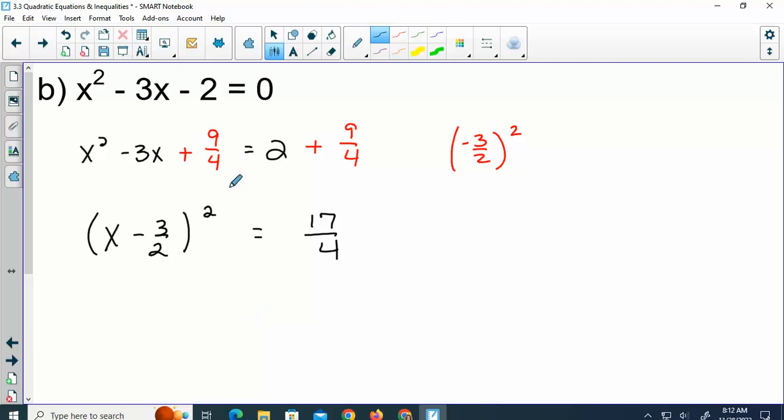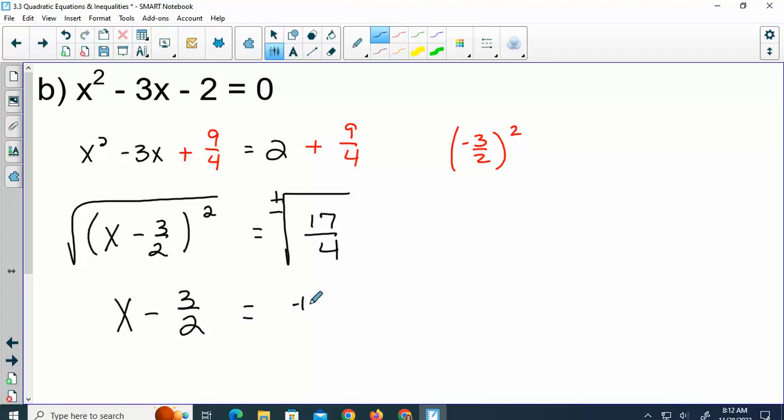So then what do we do? Square root. That we always do a plus and a minus. So x minus 3 over 2 equals plus or minus. We can do the square root of the top and bottom separately. Can we do the square root of 17?